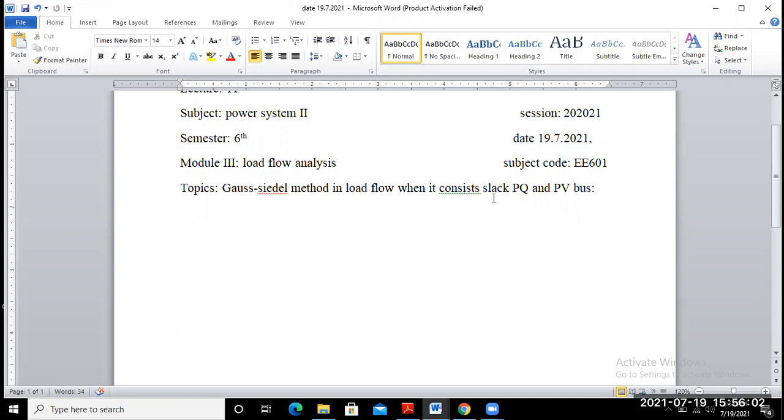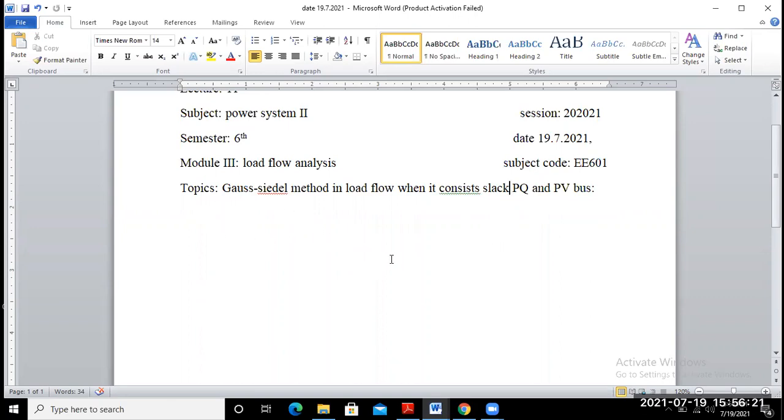Now, today we are going to consider slack bus, PQ bus, and PV bus. When the PV bus also consists in your power system, how can we apply the Gauss-Seidel method?